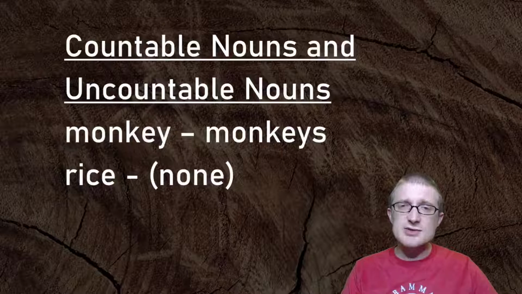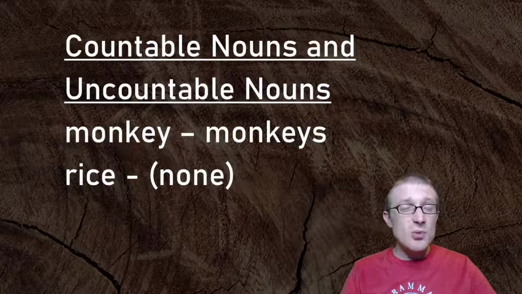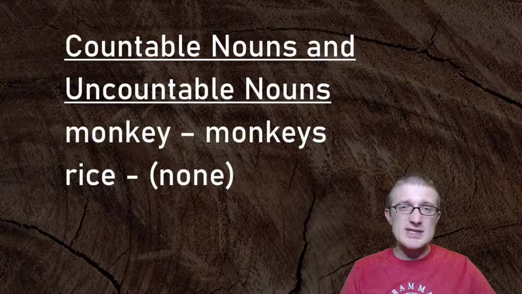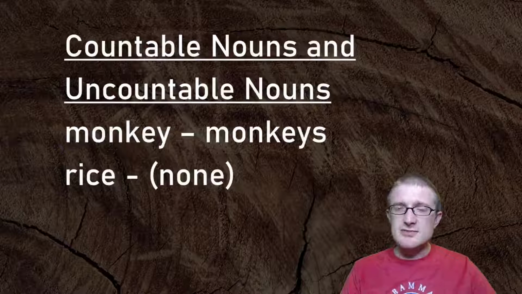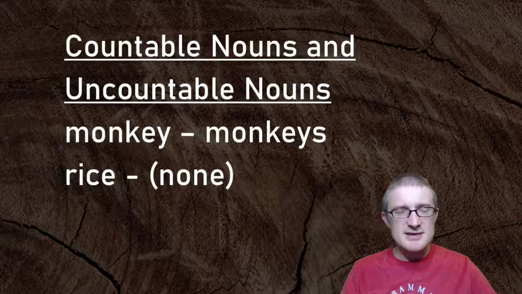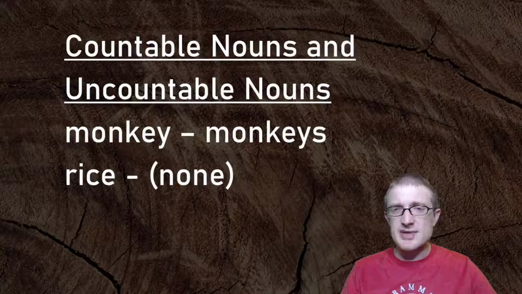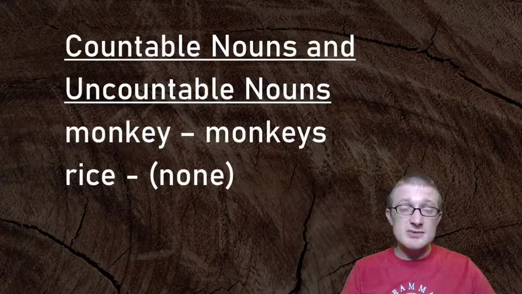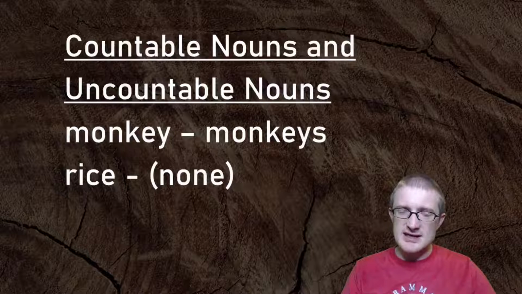Monkey to monkeys, that's normal. We still have the Y there because of the E in front of the Y. So it's not like puppy. So puppy, puppies, the Y changes, but monkey, monkeys, the Y does not change because of the E in front of the Y. And that's countable because we can put an S on the end.